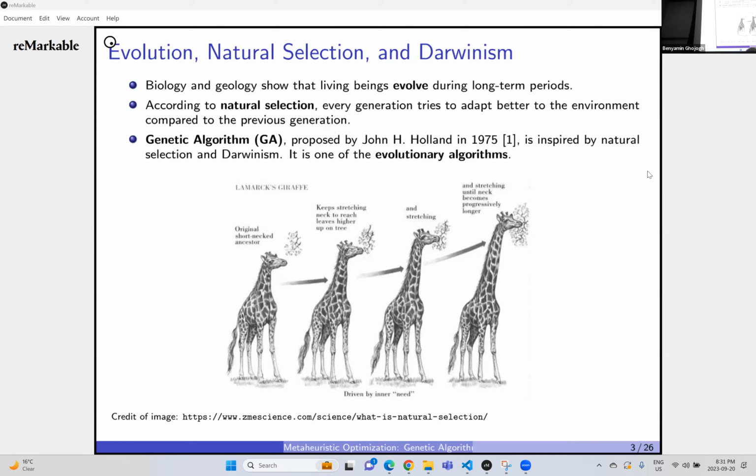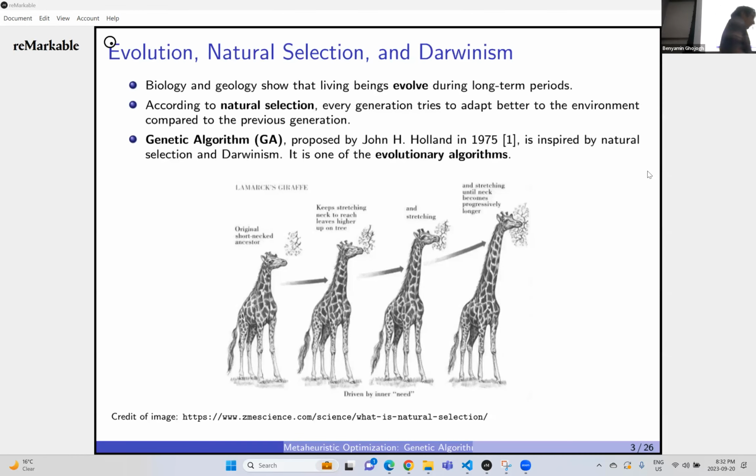Right? So, as I said, evolution doesn't mean getting better, it means adaptation. According to natural selection, every generation tries to adapt better to the environment compared to the previous generation. And I think that's true in various ways. Why do we call it natural selection?